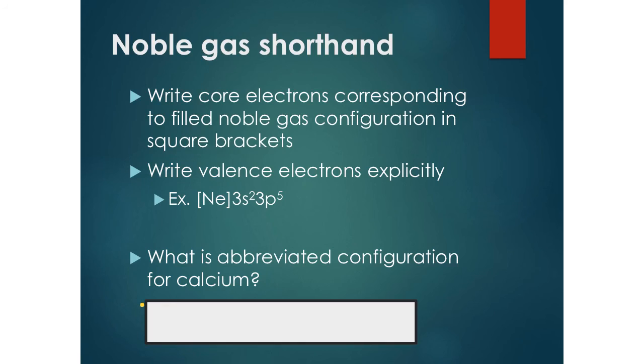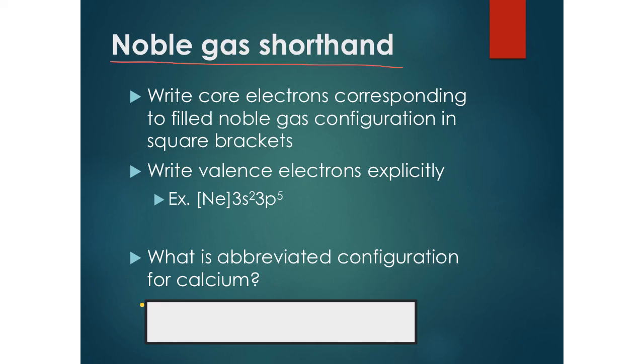On iodine, you were probably getting a little bit bored of writing out all that beginning stuff like 1s2, 2s2. So there is a shorthand that we can do. It's called the noble gas shorthand.